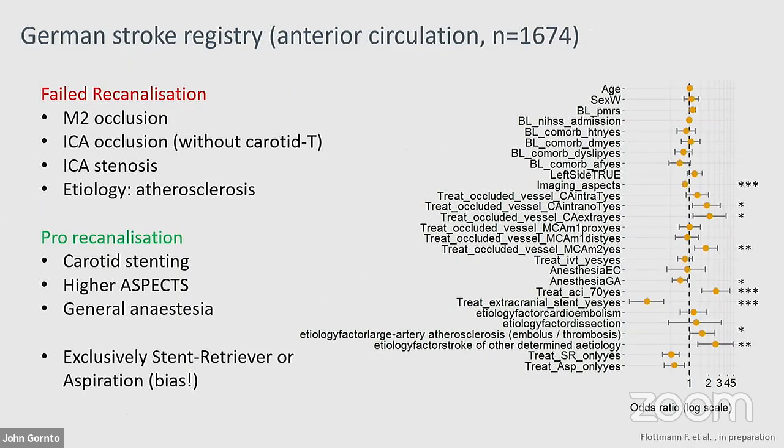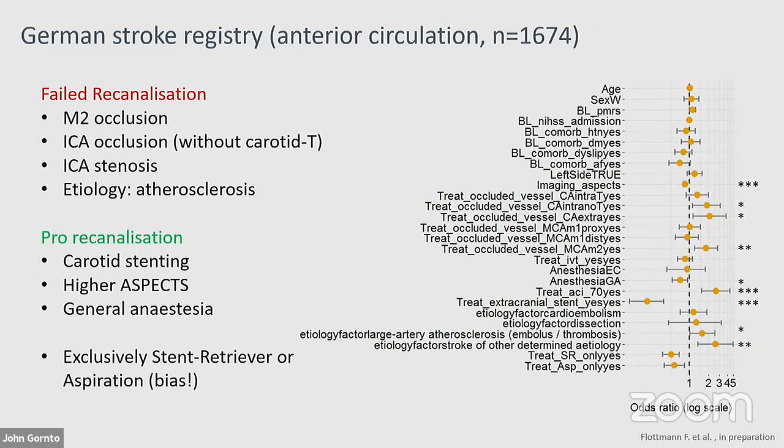We just analyzed an academic database of about 2,000 thrombectomies, and I present some unpublished data here from the anterior circulation. The predictors for failed recanalization were M2 occlusions, ICA occlusions, and patients with ICA stenosis, atherosclerosis.